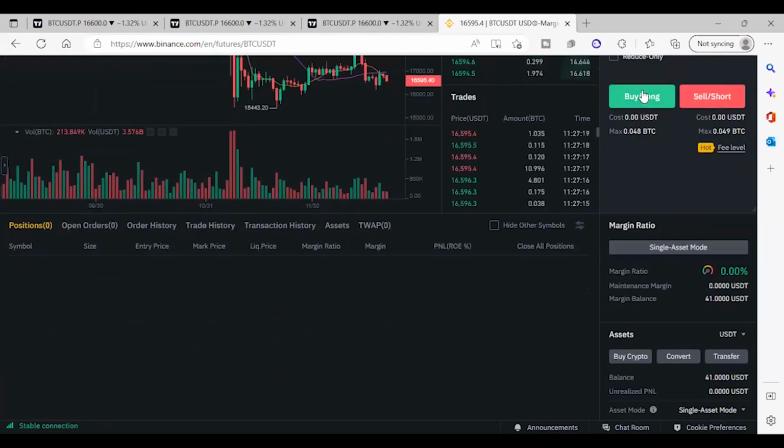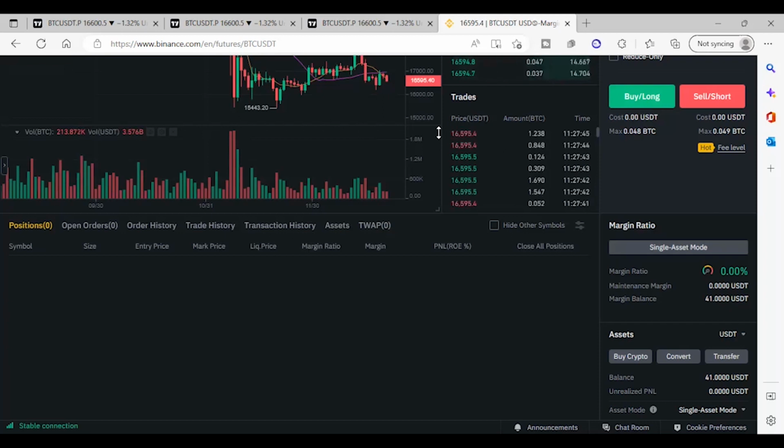In an uptrend, you're going to be opening a buy long position. When you open this position, you are making a bet that the price is going to go up. Because the price is in an uptrend, you go ahead and buy long, and as the price continues to move higher, you'll be making money.